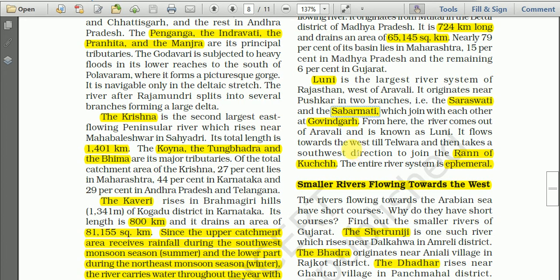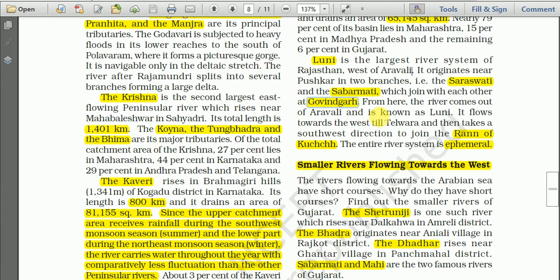From here the river comes out of Aravalli and is known as Luni, and it flows towards the west till Telwara and then takes a southwest direction to join the Rann of Kutch.